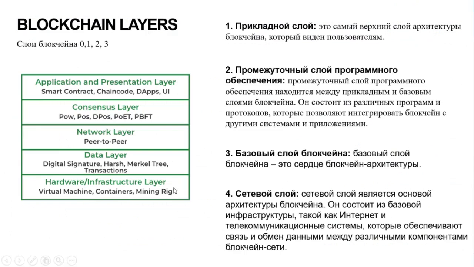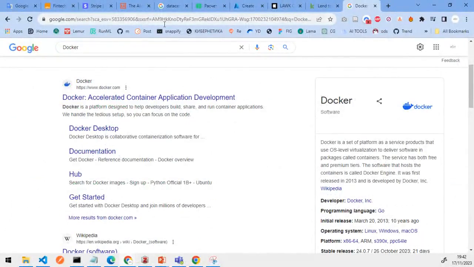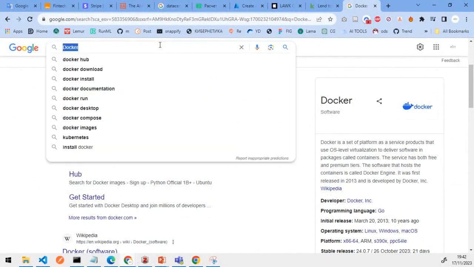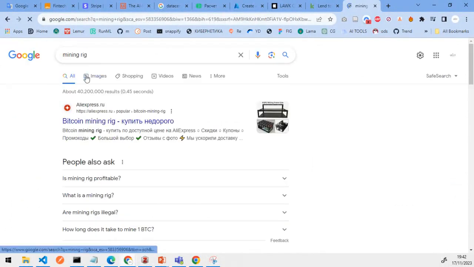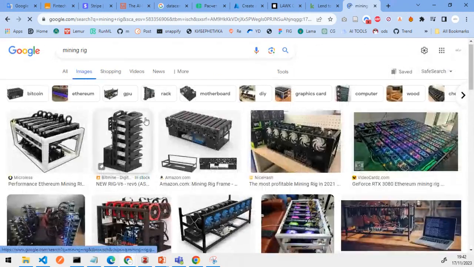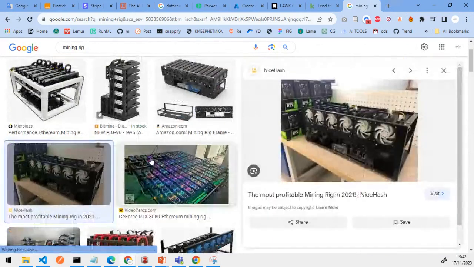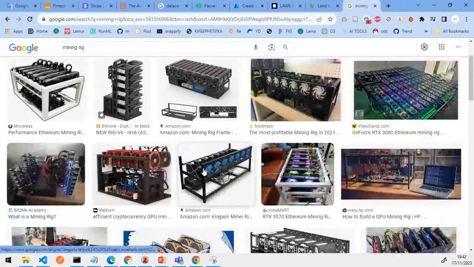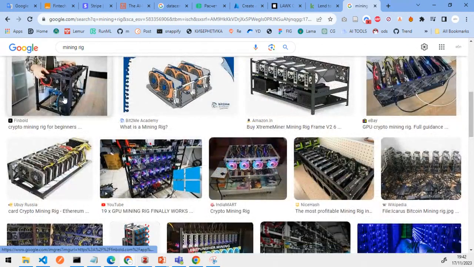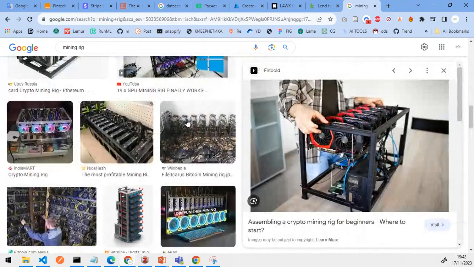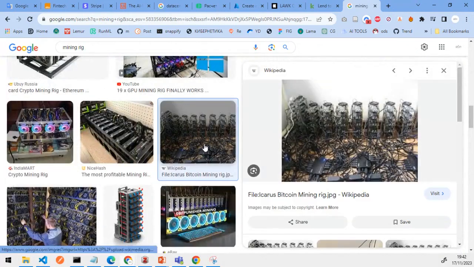Then we have what we call the mining rigs. You can actually buy some of these. These are the mining rigs used in running and keeping the blockchain alive. They consume a lot of power and electricity.